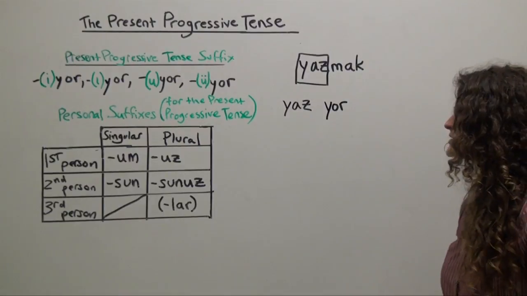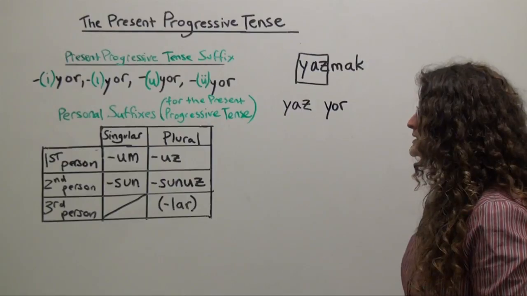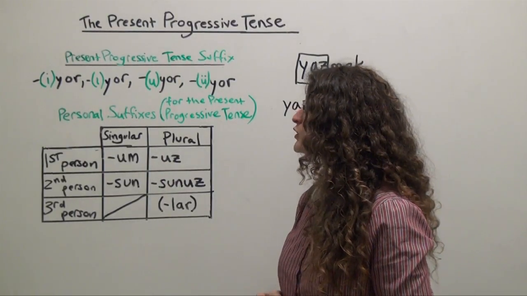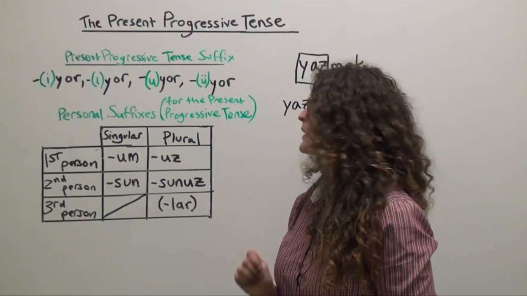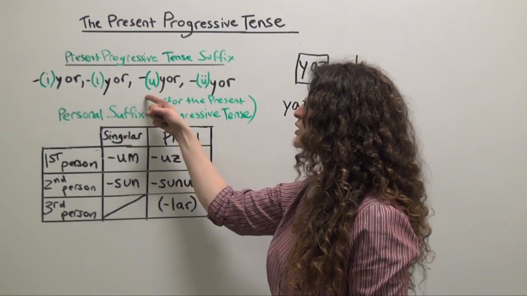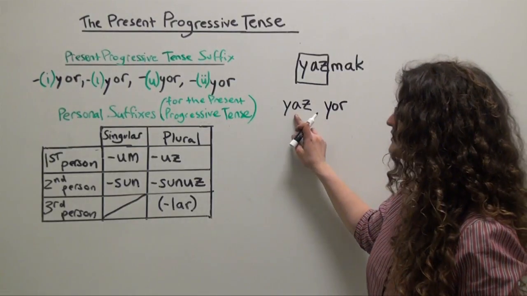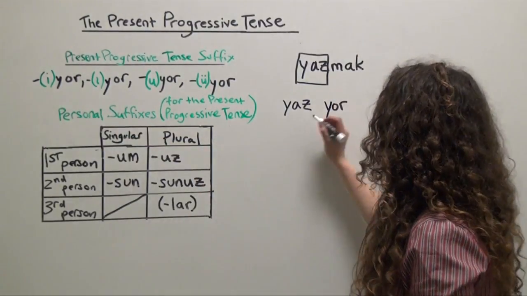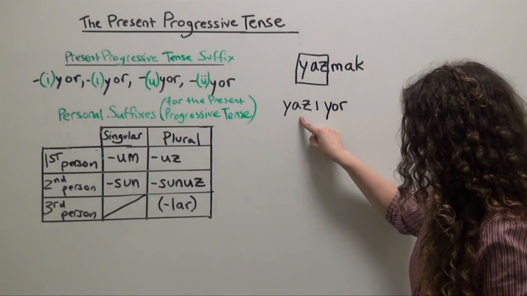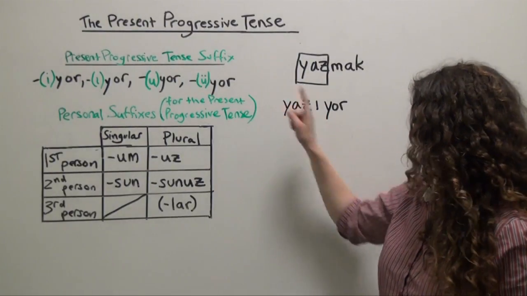Because Turkish does not like to see two consonants next to each other, we're going to need to use one of these four buffer vowels according to Turkish's rules of four-way vowel harmony. So we're going to choose either ı, i, u, or ü. For yazmak, because of this a, we're going to choose ı. So yaz, ı, yor. So we have verb stem, buffer vowel, present progressive tense suffix.